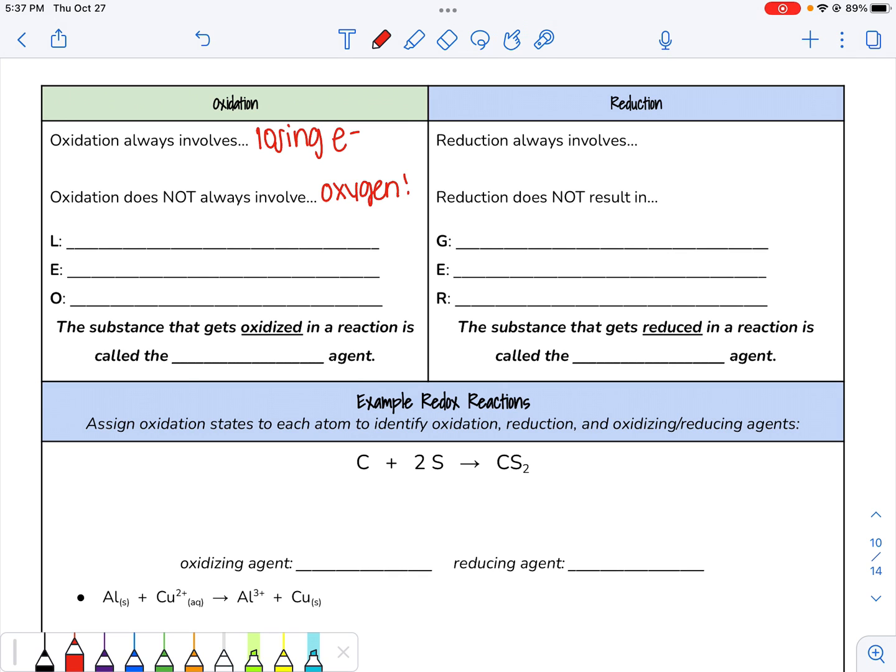Instead, it's just talking about a loss of electrons. Another common mnemonic that you hear when talking about redox reactions is LEO the lion says GER. LEO stands for loss of electrons is oxidation.